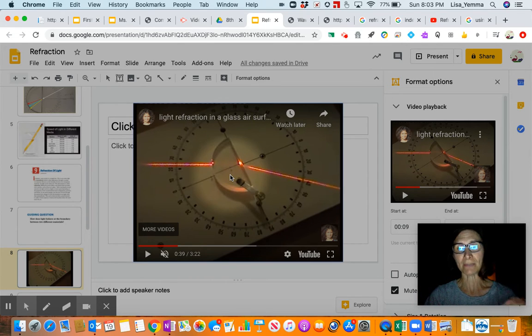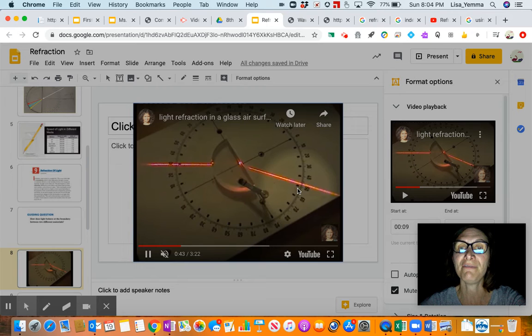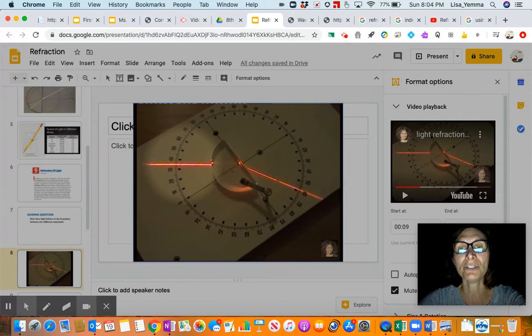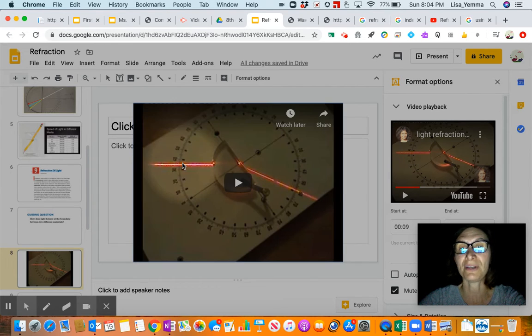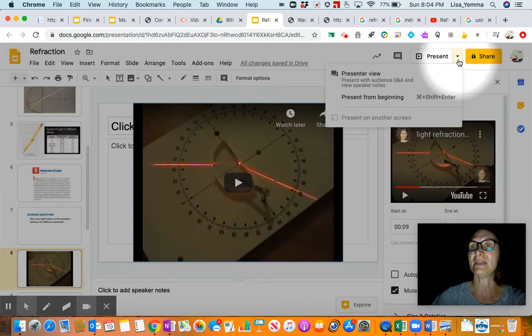You could use a glass block as well. And as that light comes in, now she's going to get higher. She's going to get at 50 here. She's at 30. Now she's going even more. She's at 60, 35. So that light bends and bends and bends and bends. Pretty cool, huh?